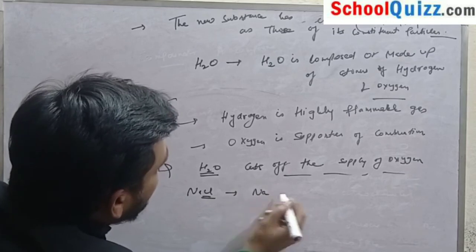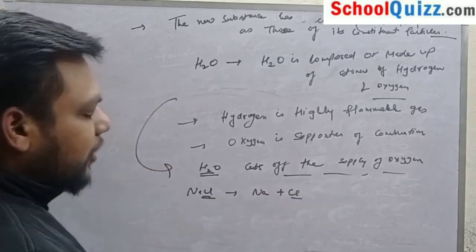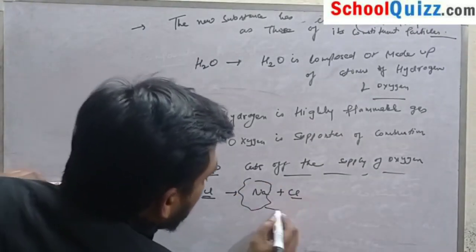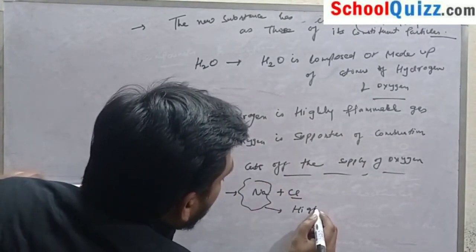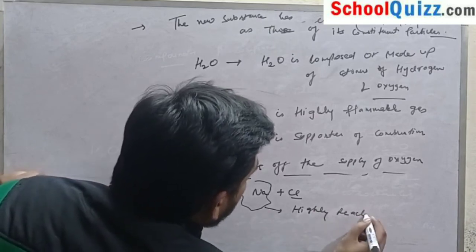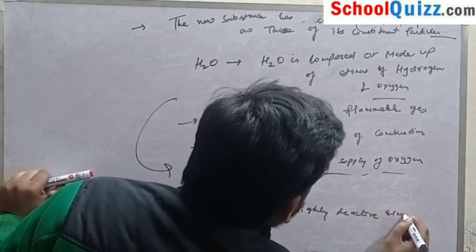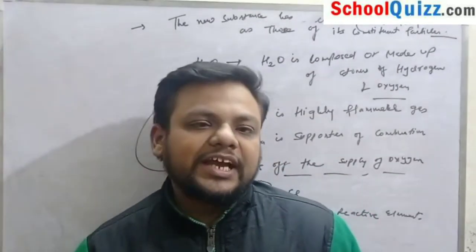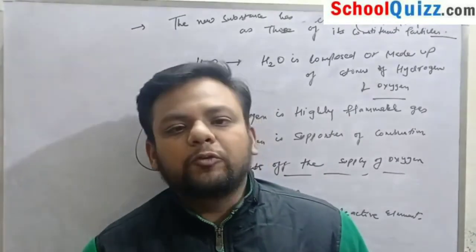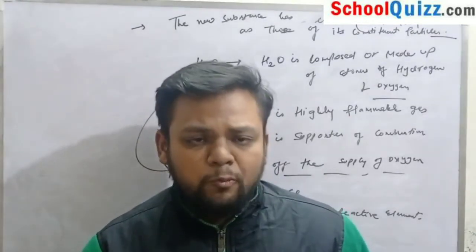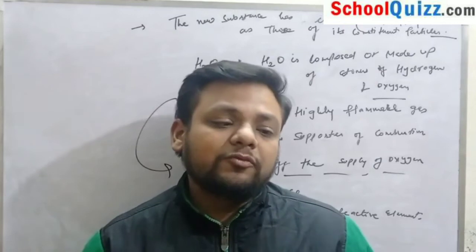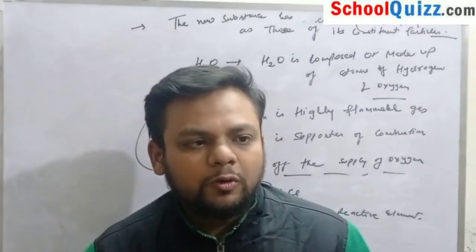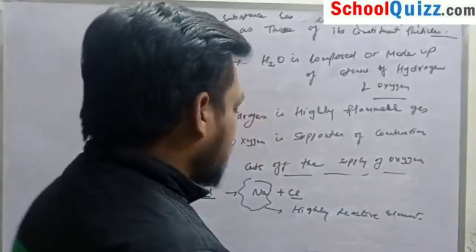Sodium chloride is made up of sodium and chlorine. Sodium is a highly reactive element which catches fire very easily, so we have to put sodium in kerosene oil so that it will not catch fire. And second, chlorine is a very poisonous gas.